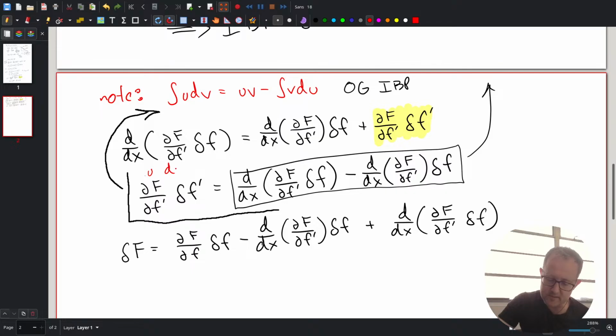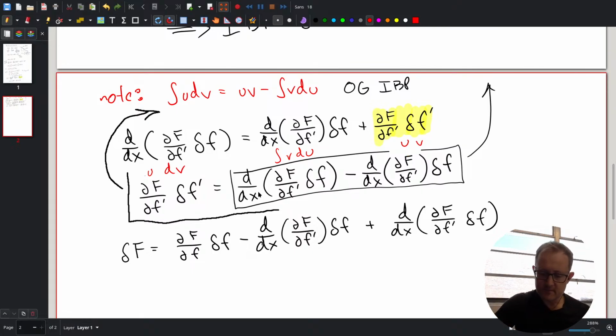We might be flipping the sign a little bit, but anyway, you can get this equation with this same process, is the main thing.